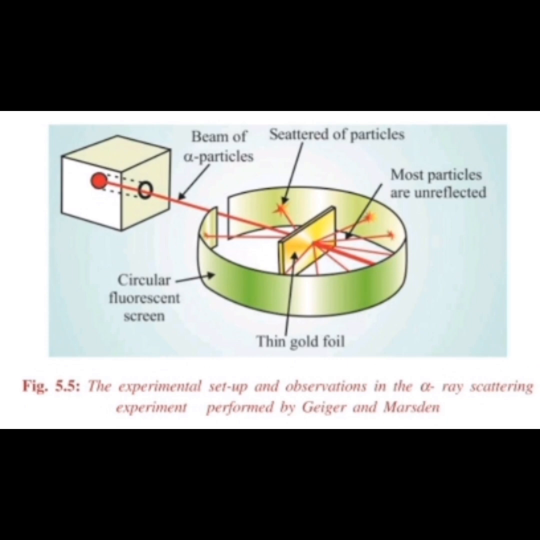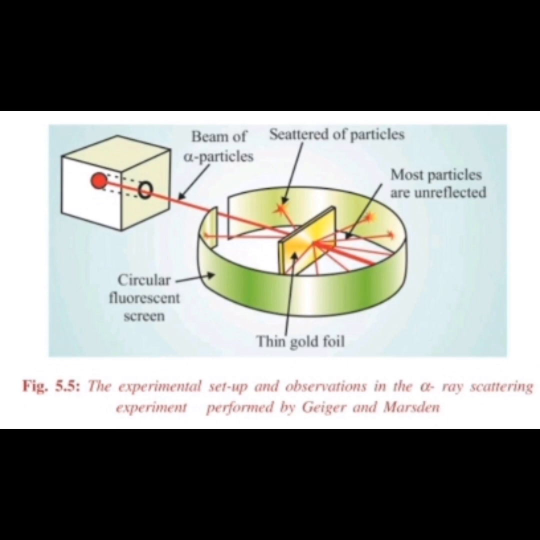So what happened here, you can see in the picture. The rays are delivered from the box, that is red colored, and the gold sheet is in the middle of the circular fluorescent screen. The beam of alpha particles is thrown from that box, and you can see that the alpha particles are scattered inside the circular fluorescent screen. This experiment was done by the two assistants of Rutherford in 1910.